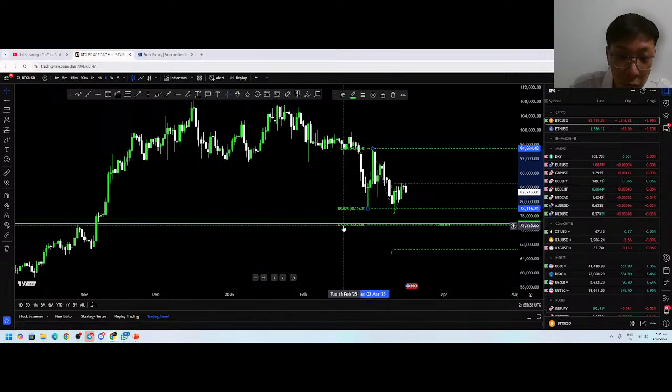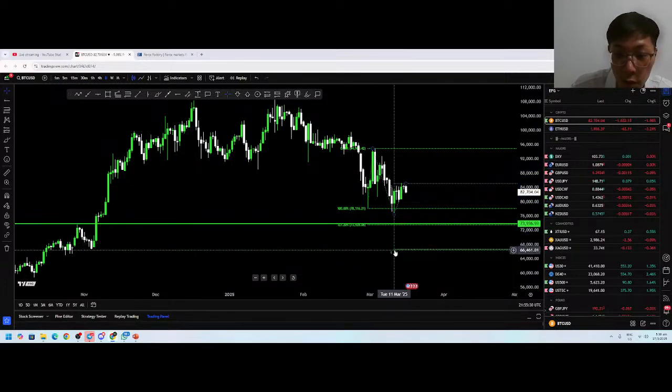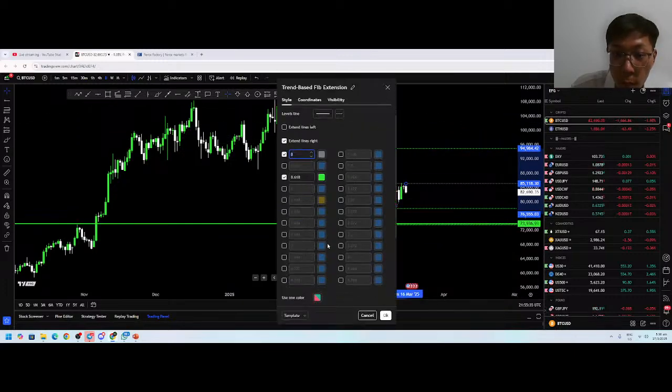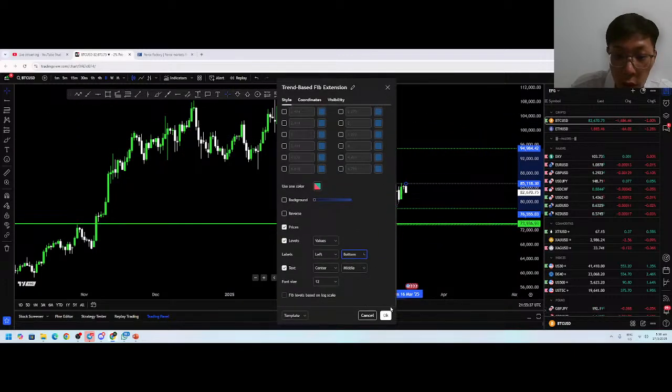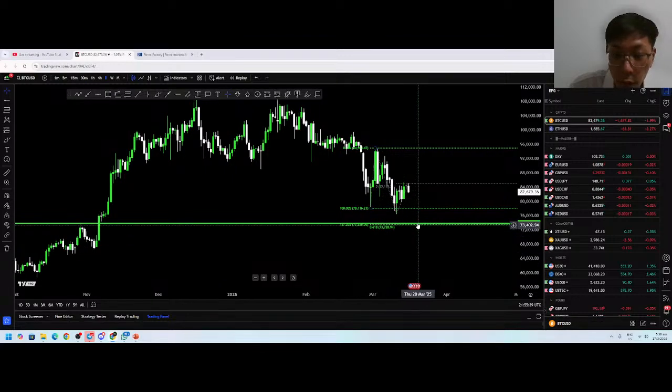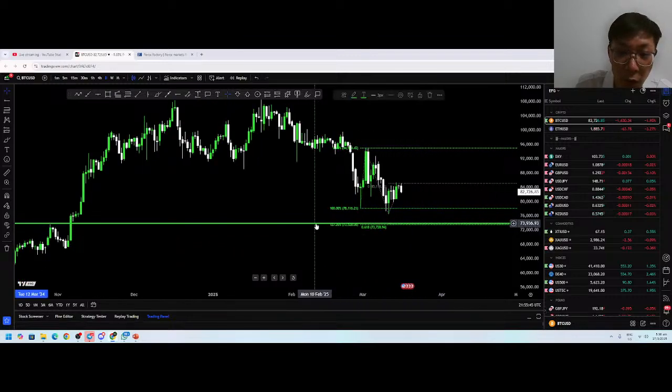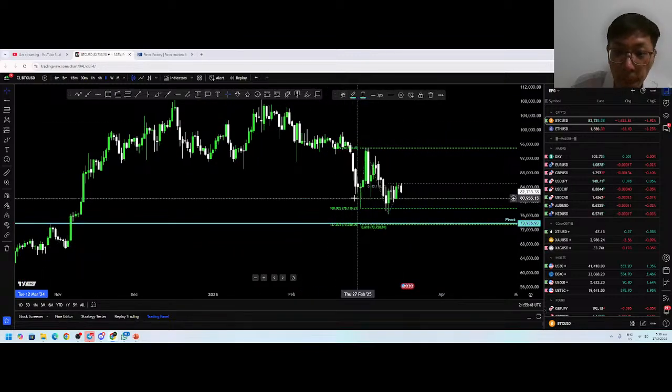Yep, 127.2% fib extension. All right, and at the 61.8% fib projection. Okay, if price actually comes towards 74k, right, this is a very good level for buys.